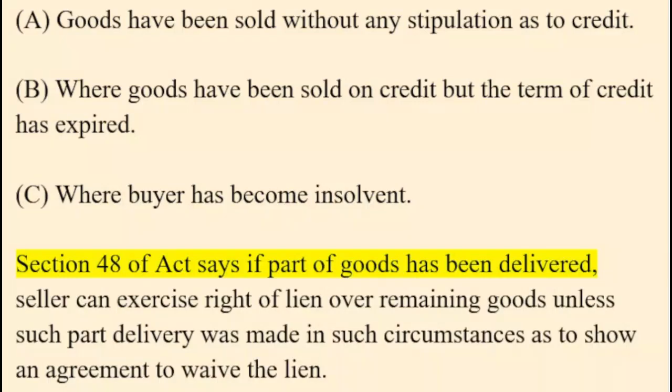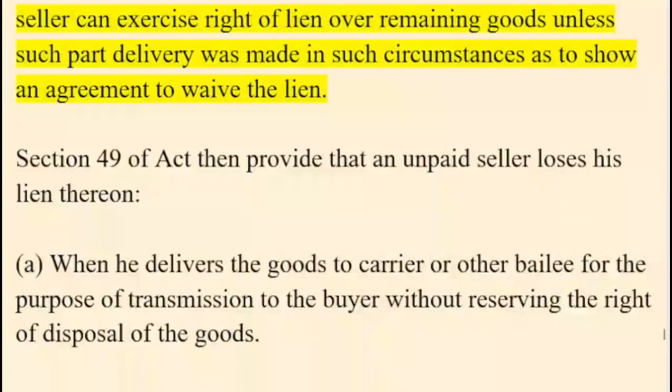Section 48 of the Act says if part of the goods has been delivered, the seller can exercise the right of lien over the remaining goods unless such part delivery was made in such circumstances as to show an agreement to waive the lien.